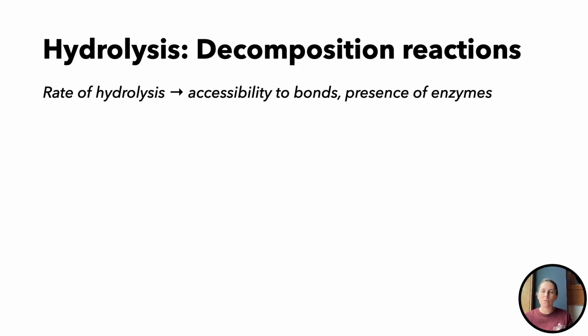That will really slow down the whole process, as well as the presence of enzymes. Now remember that enzymes are proteins that help speed up a process. So if enzymes are present and there is accessibility to the bond, then hydrolysis has a really quick rate of action, and it can break things down quickly.